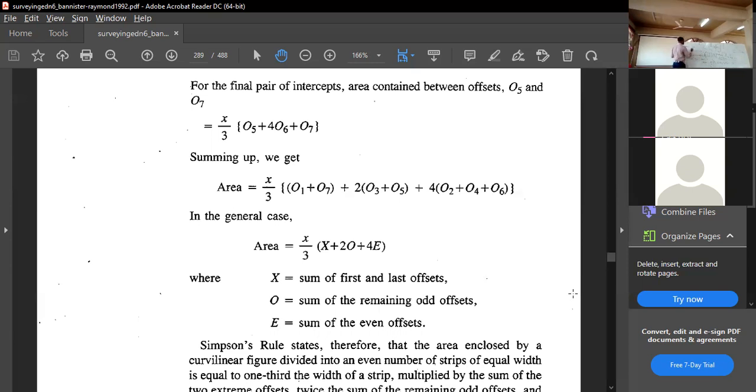So when we say the first offset, O1, and I'm using seven offsets, O2 is an even offset. O3 is an odd offset. So when we are adding the 2, 4, odd, now O3. Sum of even, oh, this is odd, isn't it? Sorry, even offset.